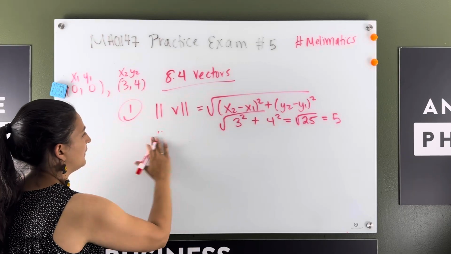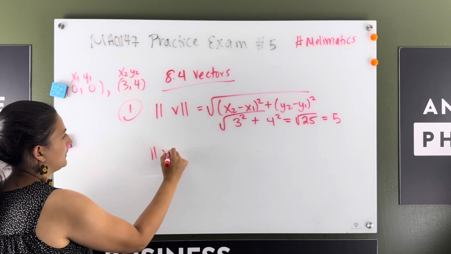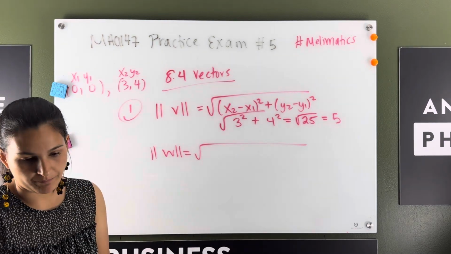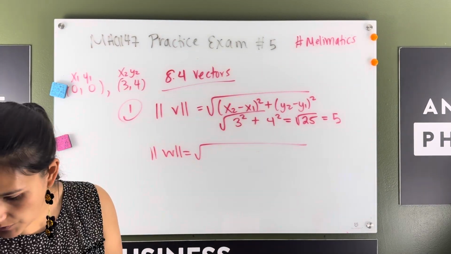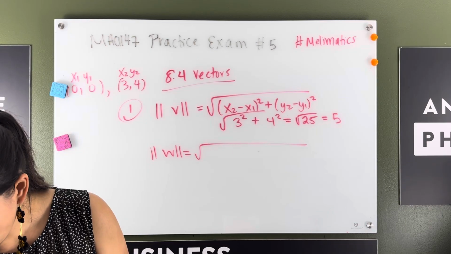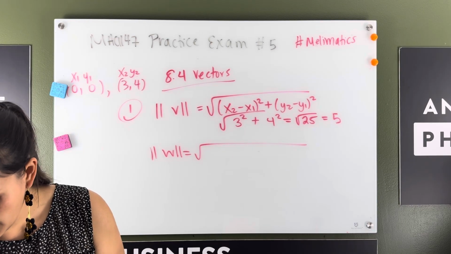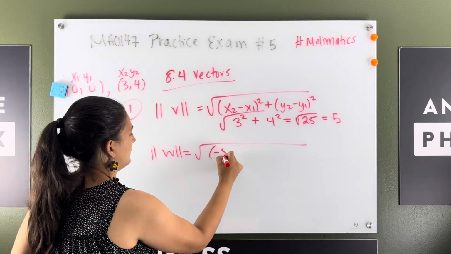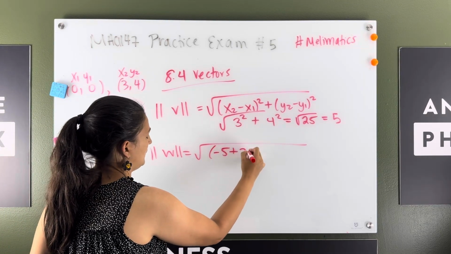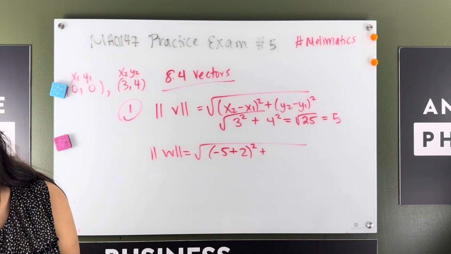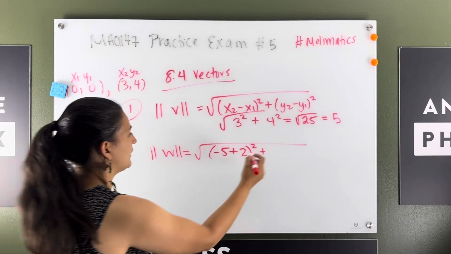Okay, for the bottom one, same concept, plug in your values. And you can check yourself, but you should get negative 5 minus negative 2 squared and negative 1 minus 3 squared.